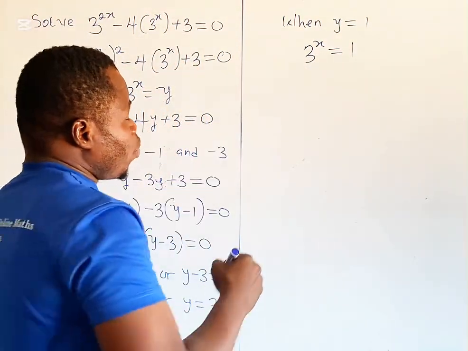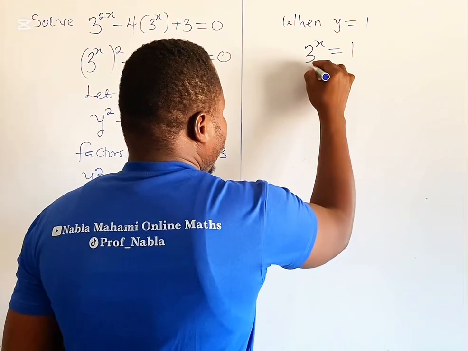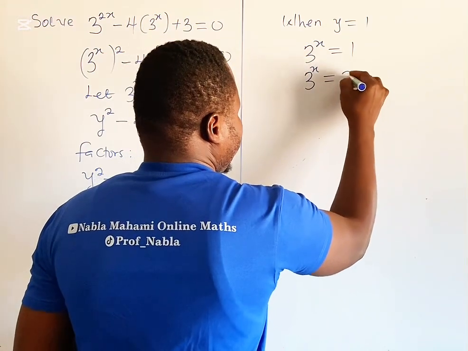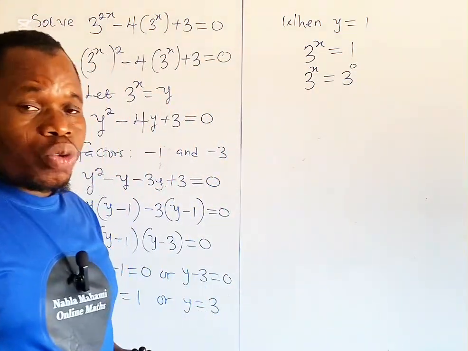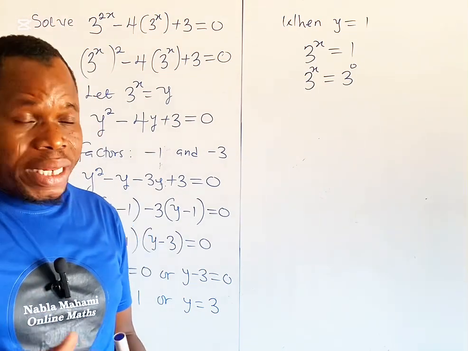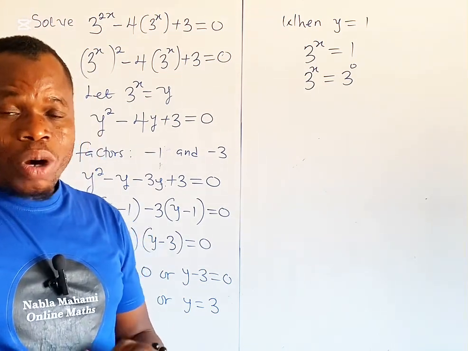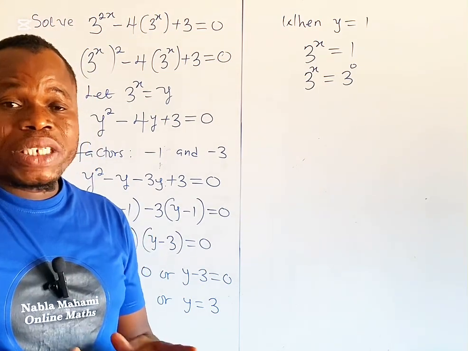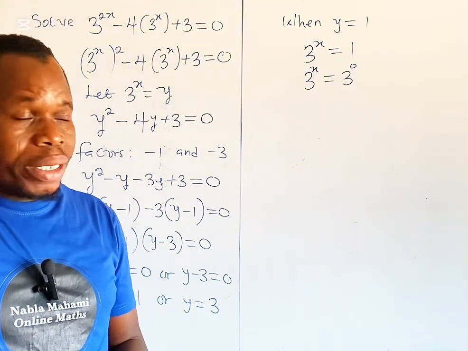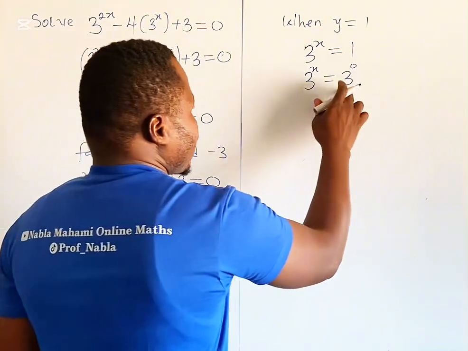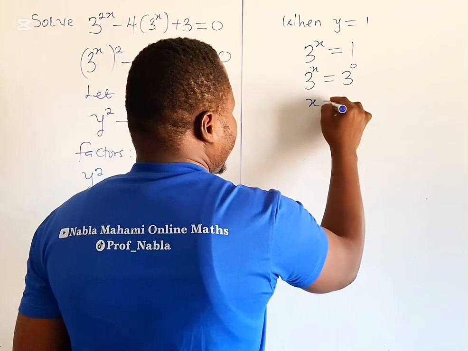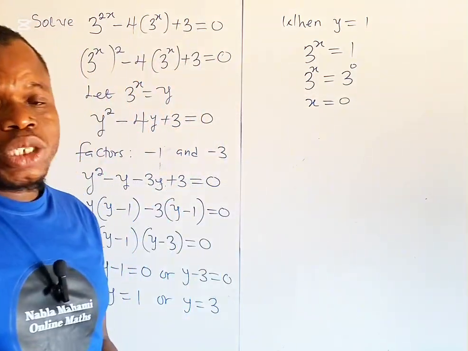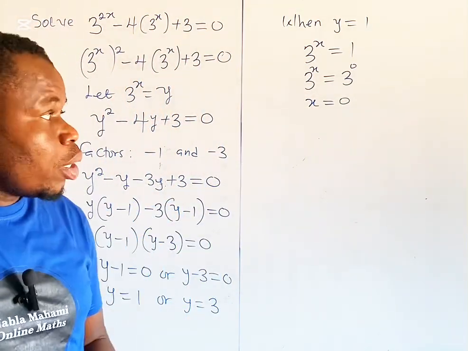And this equation, I can write it by saying 3 raised to the power x is equal to 3 raised to the power 0, because one of the properties of indices is that any non-zero number raised to the power 0 is equal to 1. Now, if the bases are the same, then the powers too must be the same. And x will be equal to 0.